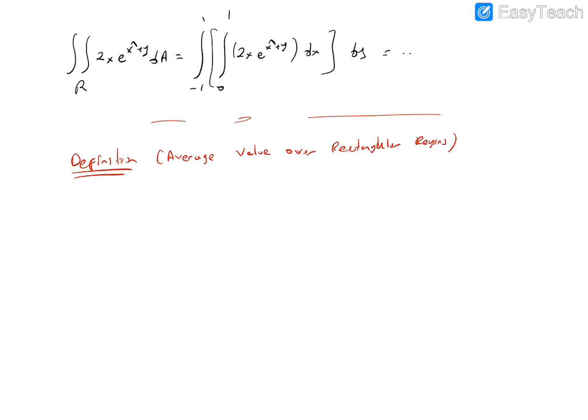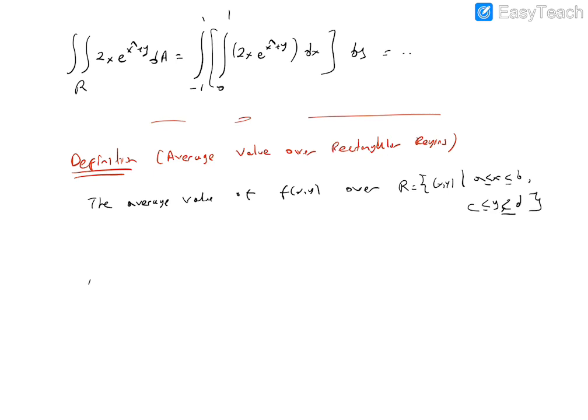So the average value of f of xy over R consists of the x and y given rectangular region. X changes between a and b, y changes between c and d.